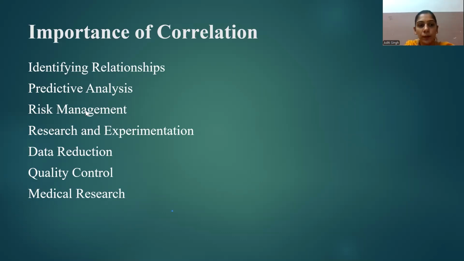Next is risk management. In fields like finance and insurance, correlation helps in understanding crucial risk management. Like if there are two assets which are highly correlated with each other, the risk of having them both in a portfolio needs to be managed carefully.